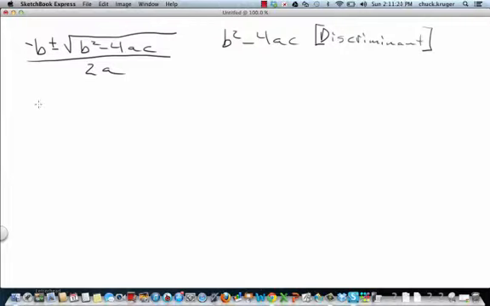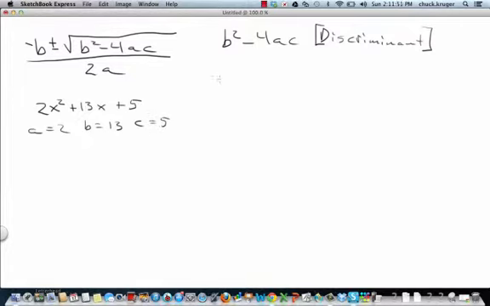The problem I'm going to have is 2x squared plus 13x plus 5. So a is 2, b is 13, c is 5.